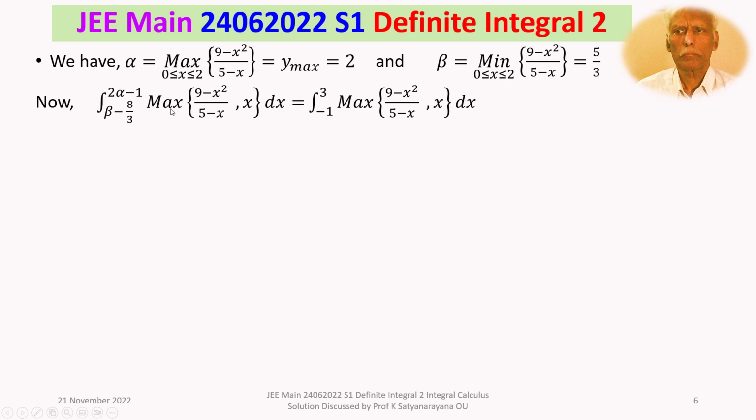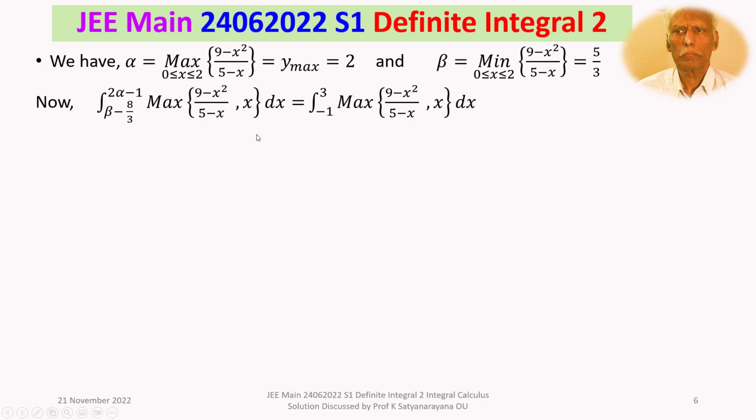These two functions are given. We have to see the maximum in the interval beta minus 8 by 3 to 2 alpha minus 1. So beta is 5 by 3. 5 by 3 minus 8 by 3 is minus 3 by 3, that is minus 1. And 2 alpha minus 1, alpha is 2, 2 twos are 4, 4 minus 1, 3.